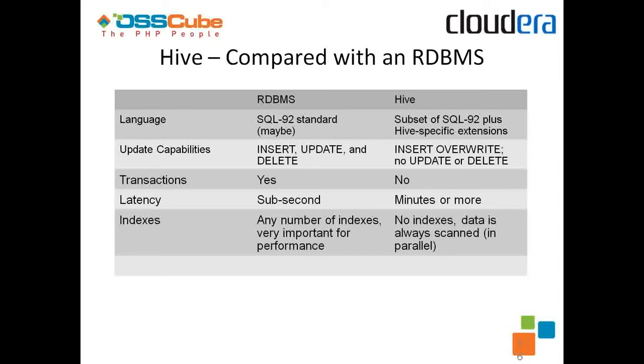No updates. You cannot update a record, and you cannot insert individual records. There's no support for transactions. There's high latency, because a typical query or MapReduce job can take several minutes or more. And currently no indexes, but that is something they are currently working on.